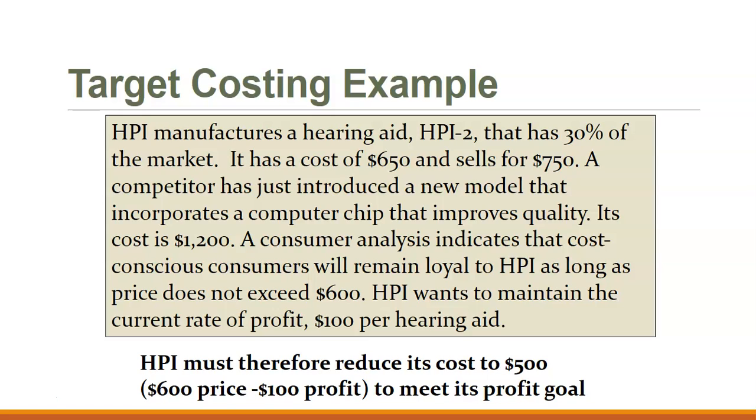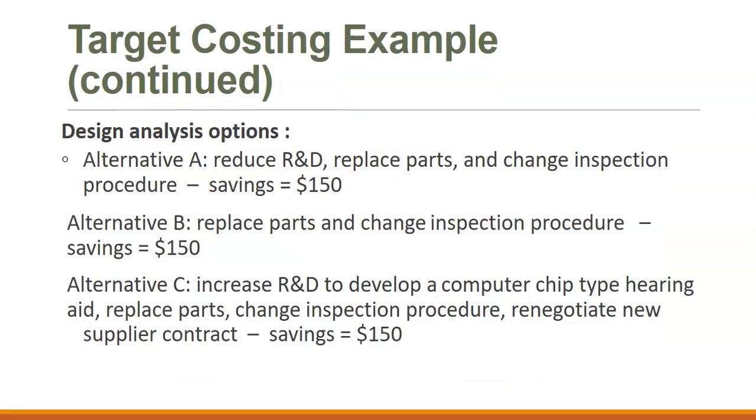So we're going to look at this product and see where we can cut $150 from the cost of production. So we have a couple of different options here. In alternative A, we're going to reduce research and design, replace parts, and change our inspection procedure.